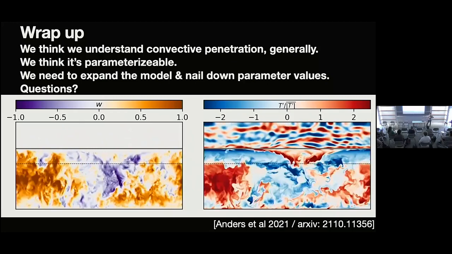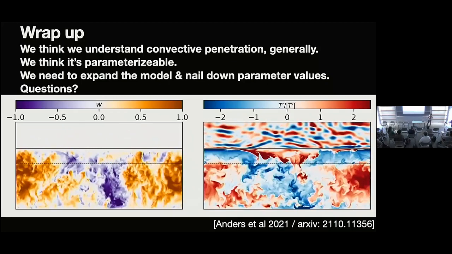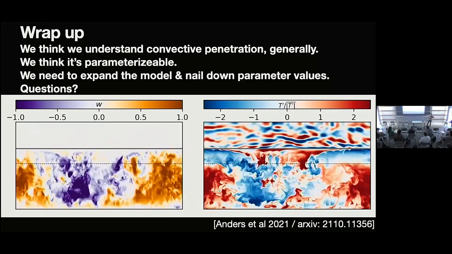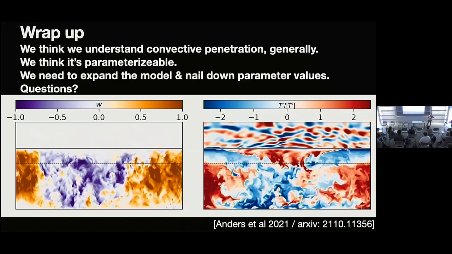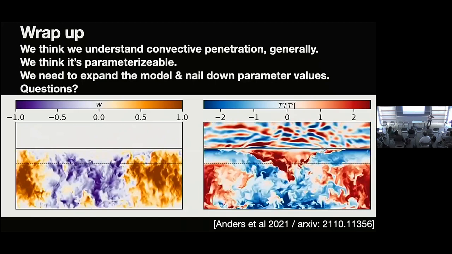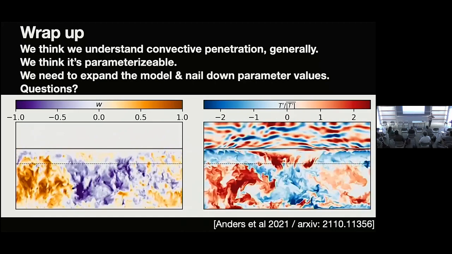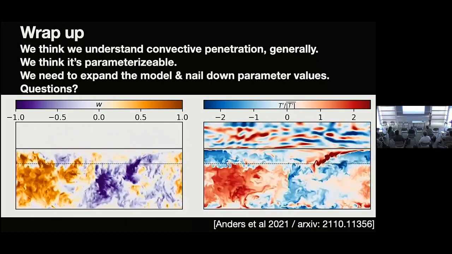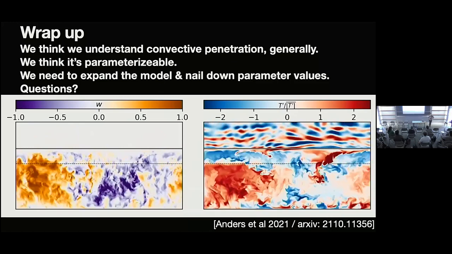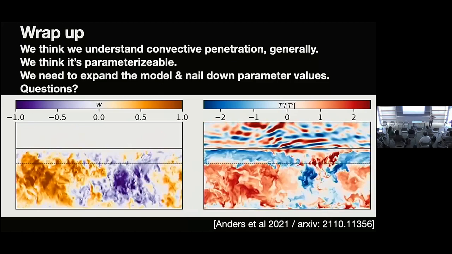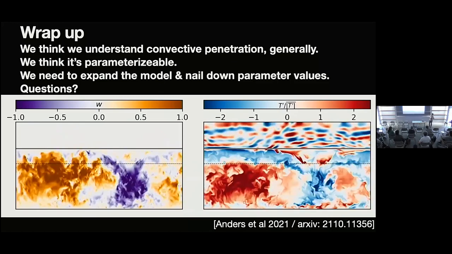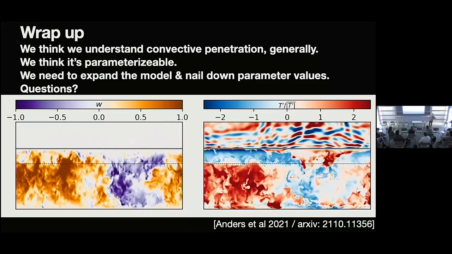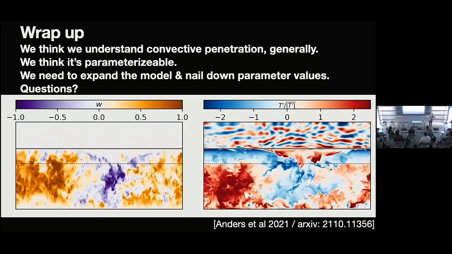We also went to smaller Reynolds numbers than that for more parameter space coverage. In terms of a classic Rayleigh number in Rayleigh-Bénard convection, I would call this probably 10 to the 8 to 10 to the 9, probably 10 to the 9. These are fully 3D though, right? Yeah. We only did a couple at this level of turbulence, and then mostly did less turbulent ones to expand the parameter space.